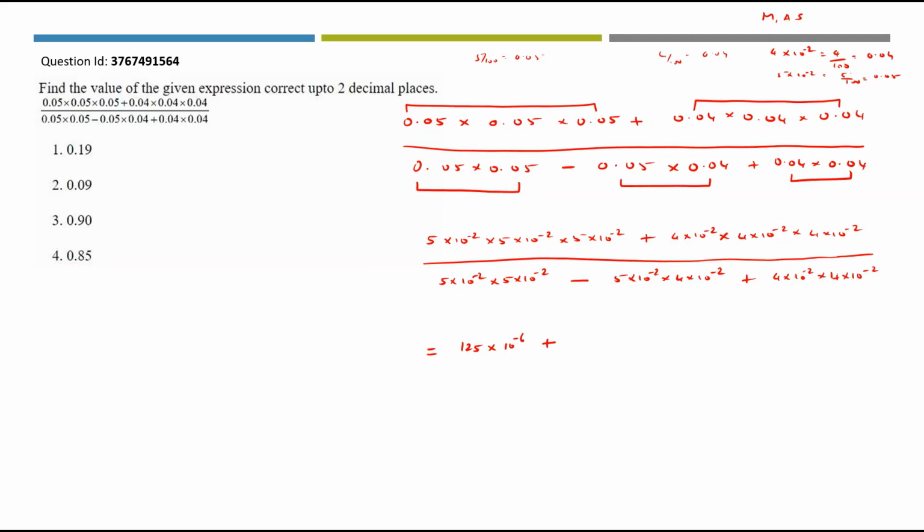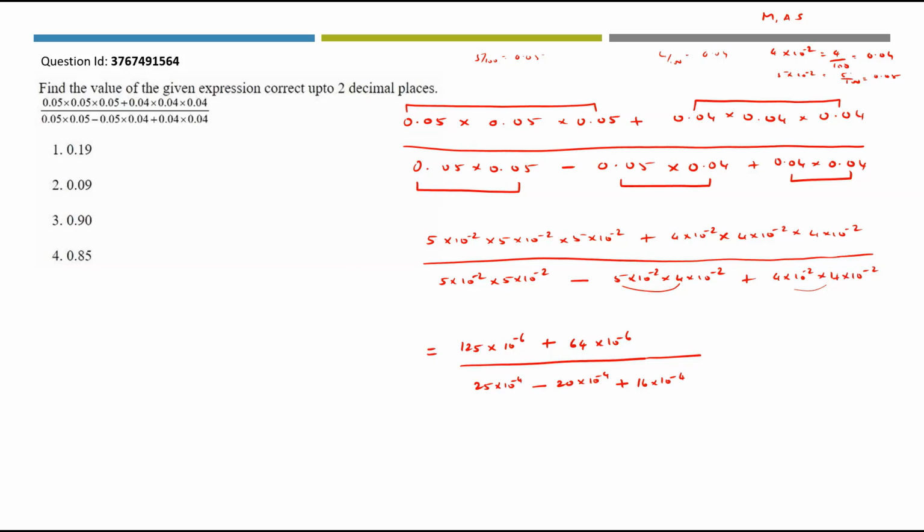What about this 4 into 4 into 4? 16 into 4 will give you 64 into 10 to the power minus 6, divided by 5 into 5 is 25 into 10 to the power minus 4, minus 5 into 4 will give you 20 into 10 to the power minus 4, plus 4 into 4 is 16. So we will have 16 into 10 to the power minus 4.